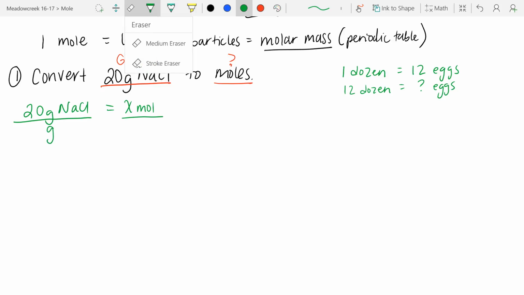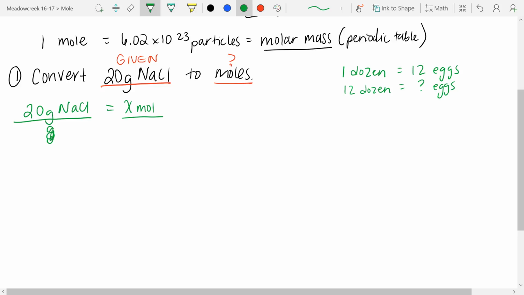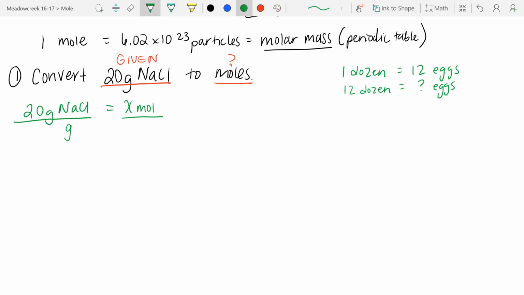And let's move that over just a tad. Okay, we're going to move that over, and so I have moles over here. Now we know that our molar mass, which is measured in grams, is equal to 1 mole.